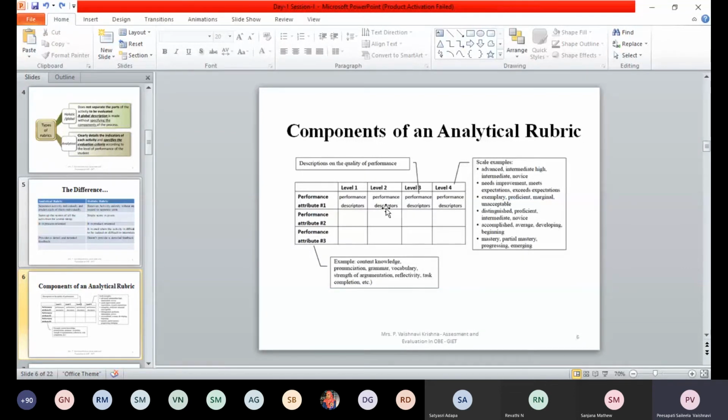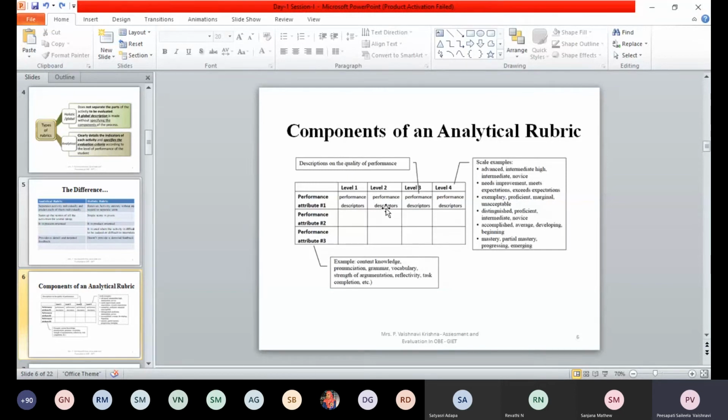Now, when someone asks you what are the components, it is not just these 3. Sometimes I want to give my extra suggestions, my extra inputs to the students that might help them to come up with certain things. I can mention that also in my rubric. So it is not a tailor stitched one.